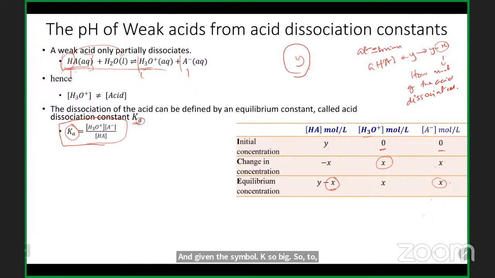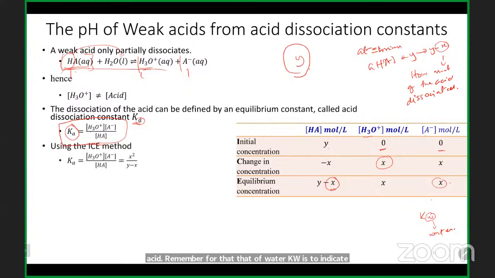Remember for that of water, Kw is to indicate that we are dealing with water. So our equilibrium concentration for HA is Y minus X, for H3O plus is X, for A minus is also X. If you slot it into the equation, that's X times X over Y minus X.